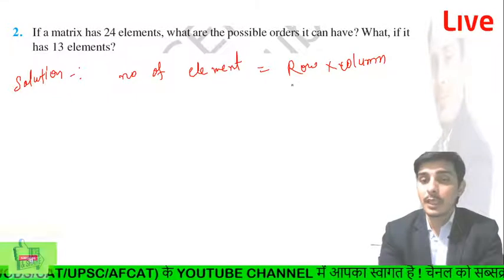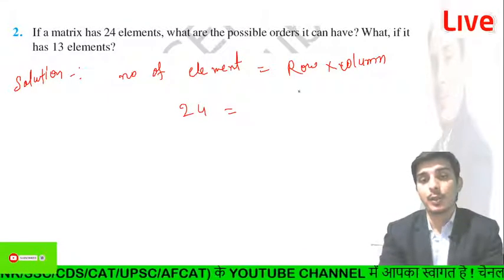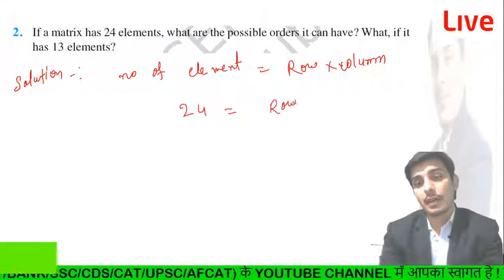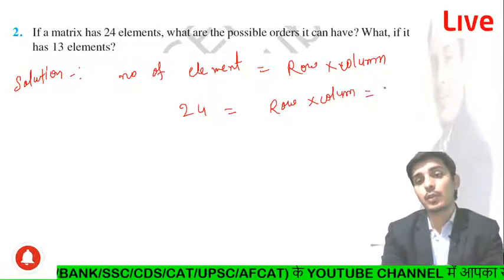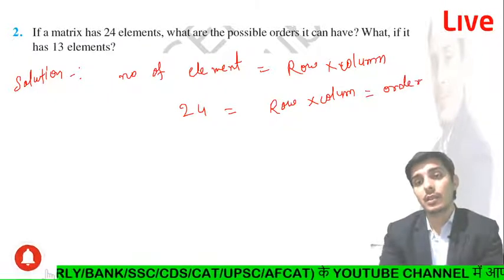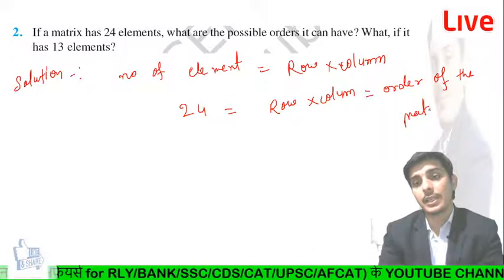So the product is equal to 24, because we know that it is equal to 24, so we can take row into column, and we know that it is also equal to the order of the matrix. Are you getting what I am saying, guys?